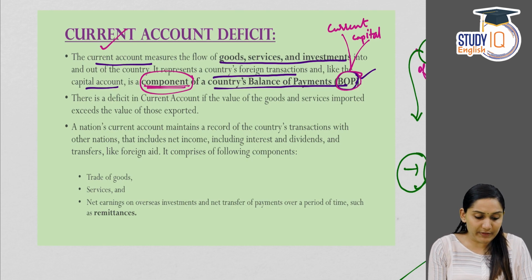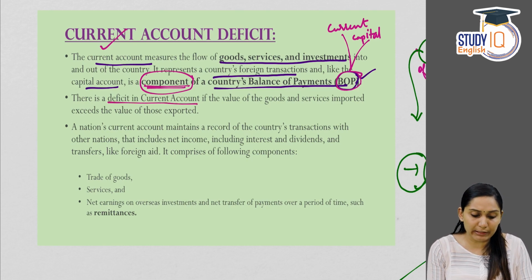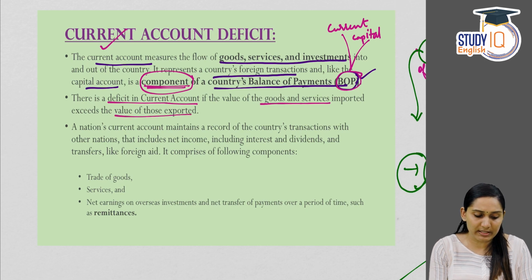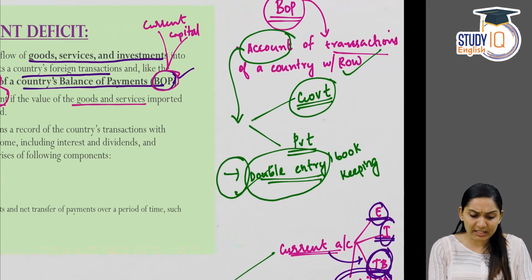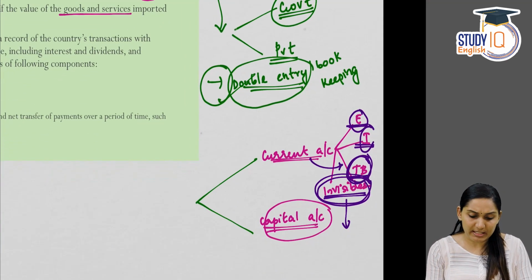Now, there is a deficit in current account if the value of the goods and services imported exceeds the value of those exported. In the case of a current account, we have seen the components: export, import, trade balance. Basically, trade balance is the difference between export and import.